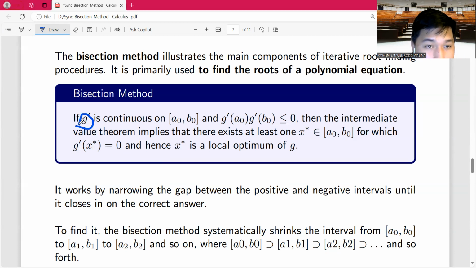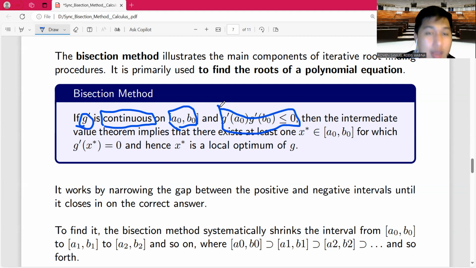If the function g is continuous, meaning it is differentiable, on the interval a sub 0 to b sub 0, which is the interval I meant earlier, and the product of g prime a sub 0 and g prime b sub 0 is less than or equal to 0, so meaning it has two conditions before we use the bisection method, then the intermediate value theorem implies that there exists at least one x star, the local optimum, that lies between the interval a sub 0, b sub 0, for which g prime of x star is equal to 0.